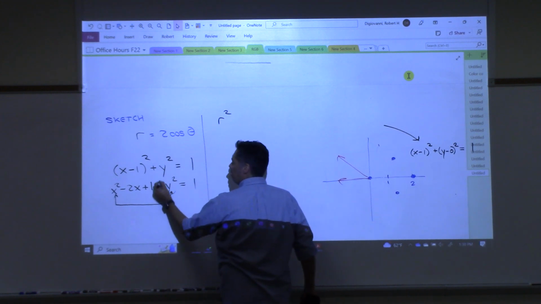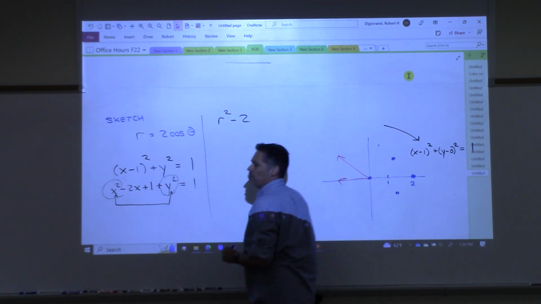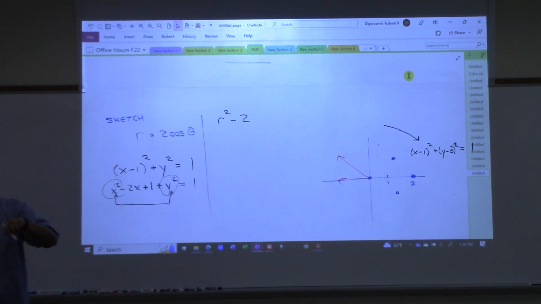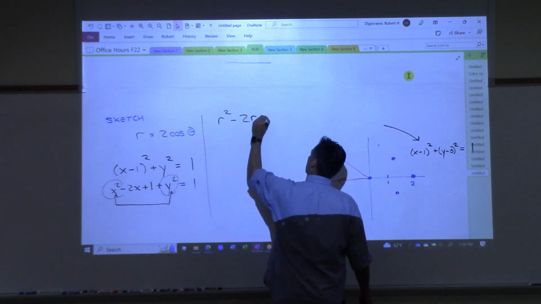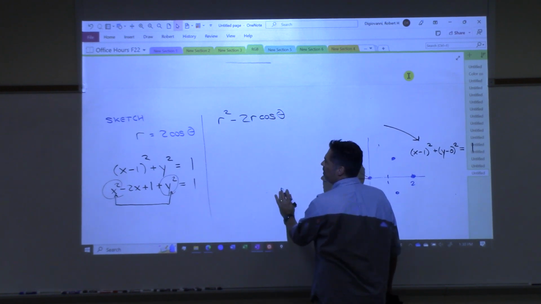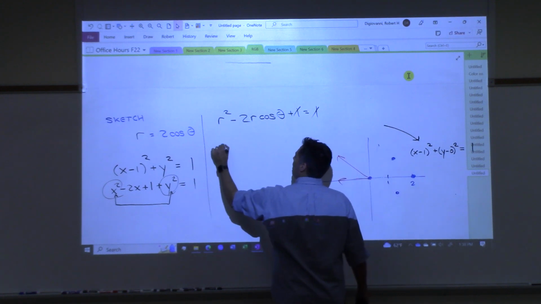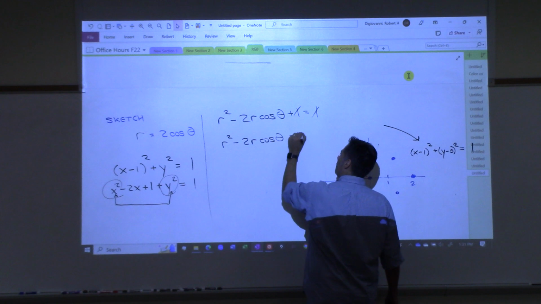That's those two right there. And then minus 2 times, now x going to polar gets converted to what? R cosine theta, right? So I just put r cosine theta there. And then I had plus 1 and equals 1. And the ones will just go away. And that gives you r squared minus 2r cosine theta equals 0, right?